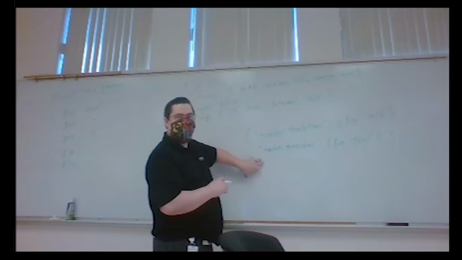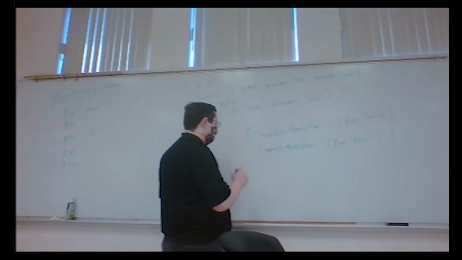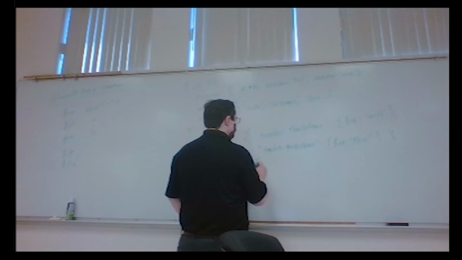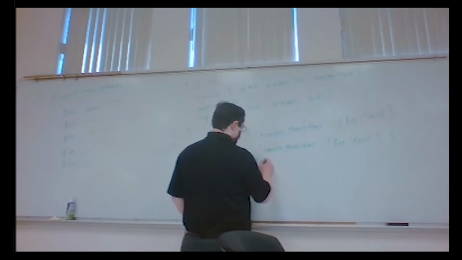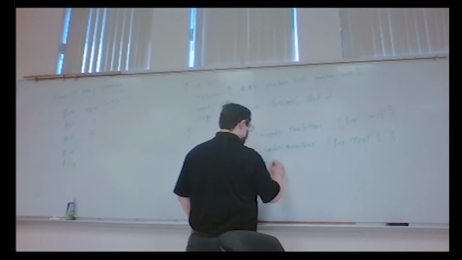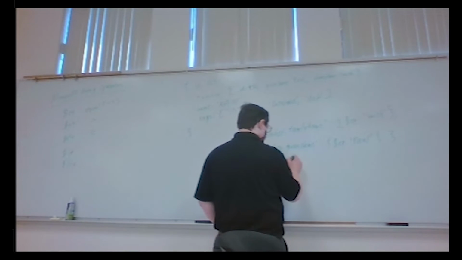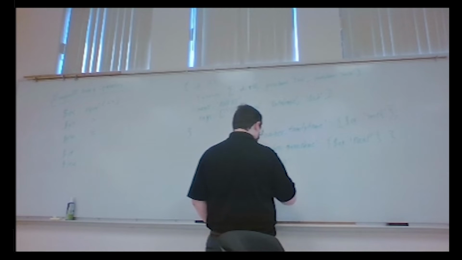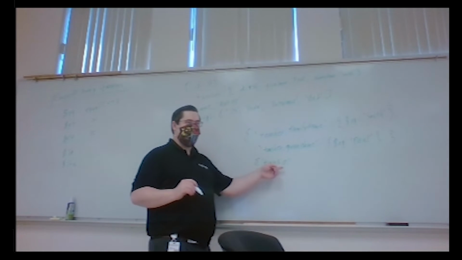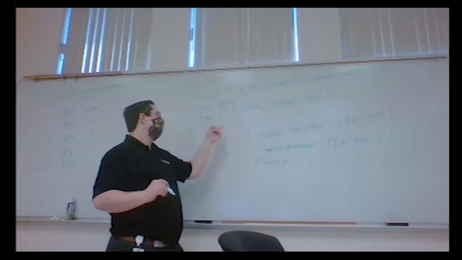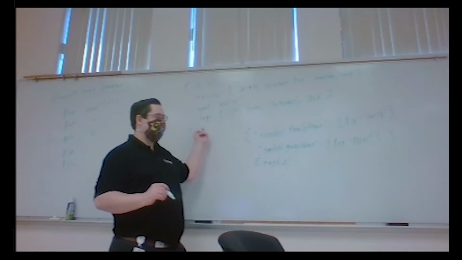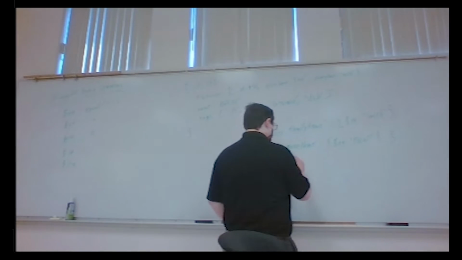Can everybody see down here if I write down here? So I could say that tags, colon, actually I want to do tags.0. So tags.0 would be the first element of the tags array. Okay? So I could say something like this.